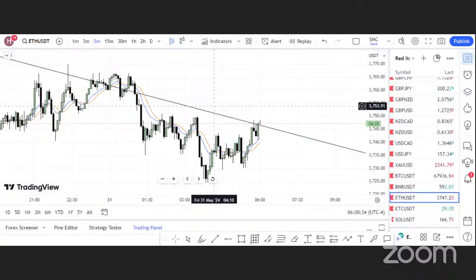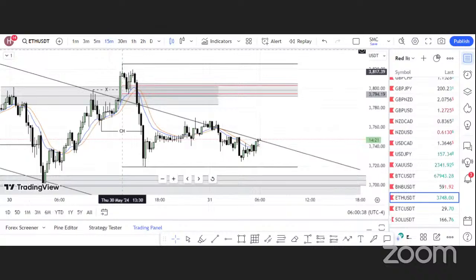All right, but this is the 5 minutes time frame, and I would have preferred if I got this confirmation from the 15 minutes time frame. Okay, so I hate confirming entries from the lower time frame. I can take entries from the lower time frame, but not getting entry opportunities from the lower time frame.